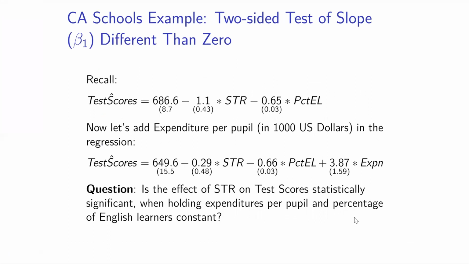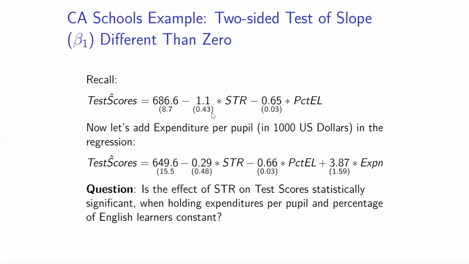Let's look at the California schools example again. Previously, we tried to explain the variation in test scores using STR and the percentage of English learners in the class. The t-stat for STR is 1.1 divided by 0.43, which is roughly 2.3.